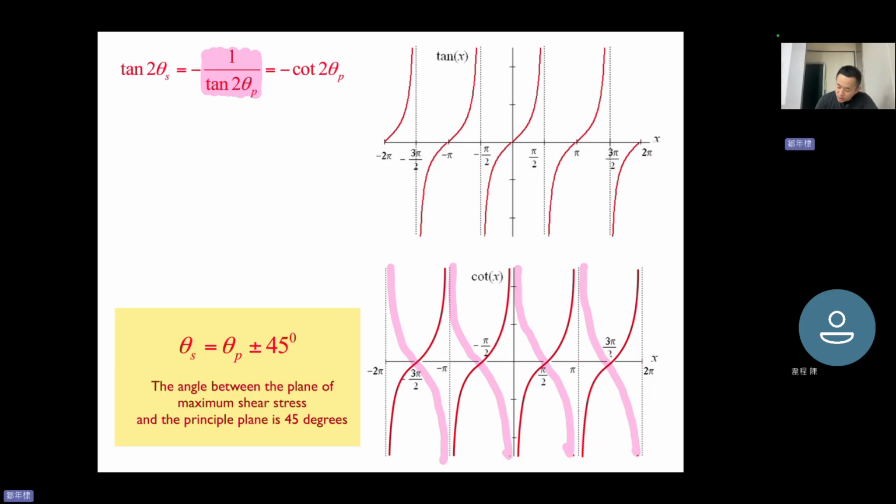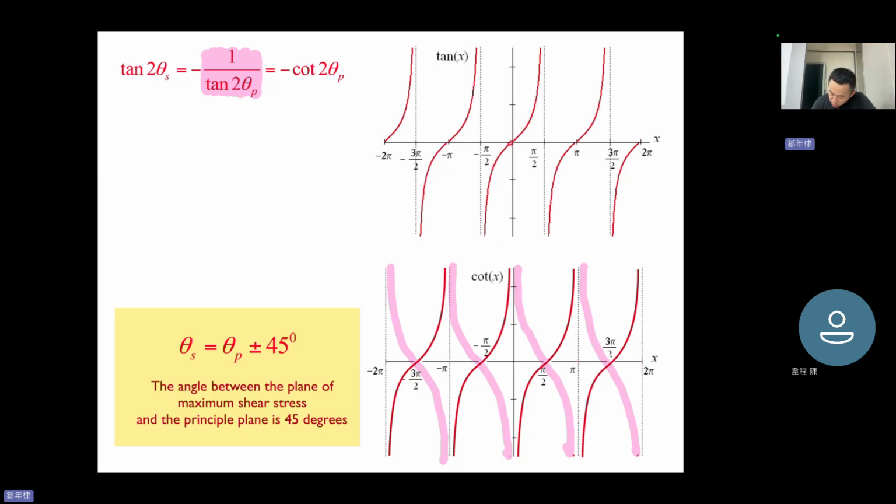Okay, did you see that? This one is tangent x. If you do the inversion, this point, 0, will become infinity, right? But here it comes from the positive, so it becomes positive infinity. Here it comes from negative, so it becomes negative infinity.